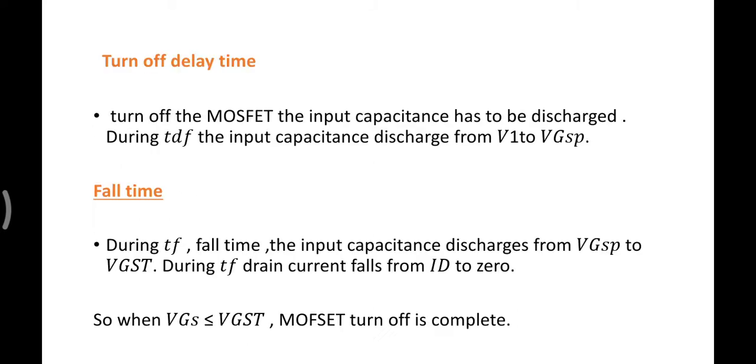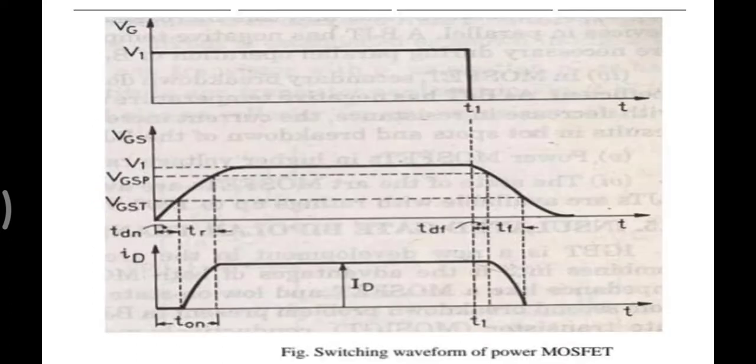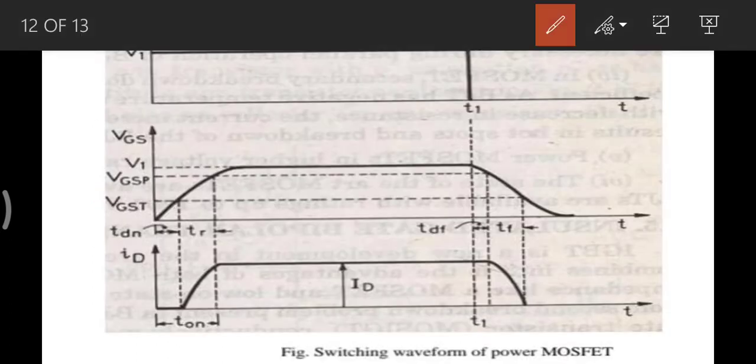So let us see what is turn off delay time. For turn off of the MOSFET, the input capacitance has to be discharged during the turn off delay time. The input capacitance discharges from V1 to VGSP. Because of the capacitance effect, when the MOSFET is in the on condition, the capacitance is charged.